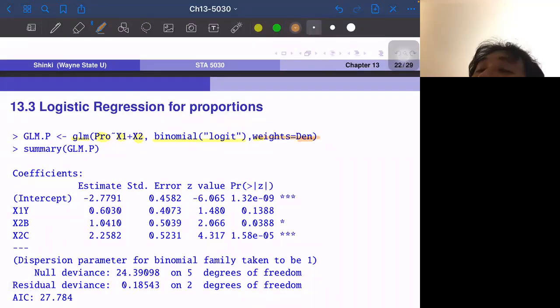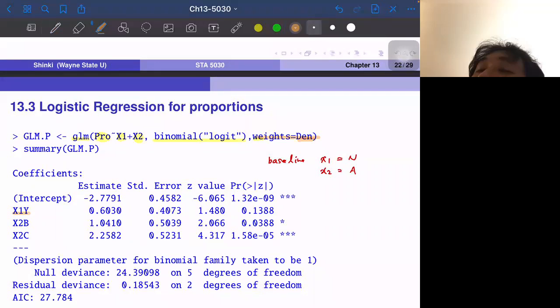x1 has 2 values, so the baseline is x1 equal to n and x2 equal to a. If x1 is equal to y, how much higher is the success probability? The coefficient is 0.6.